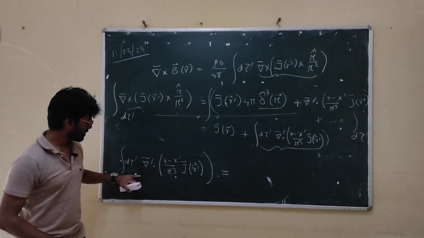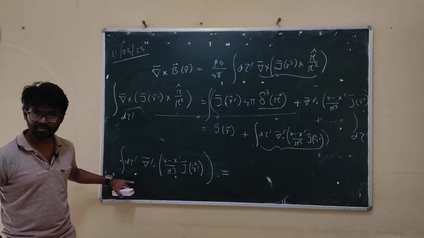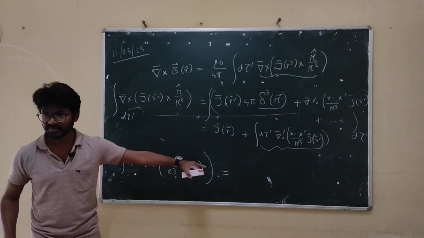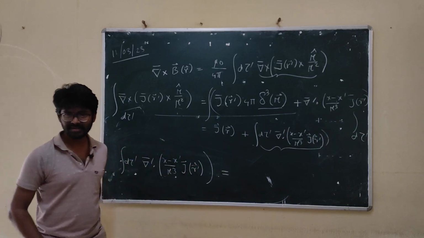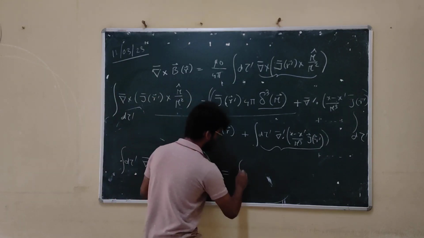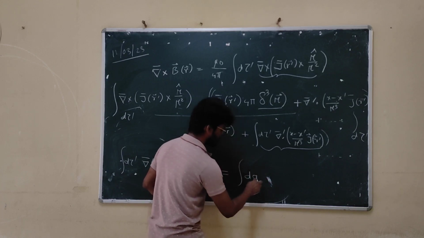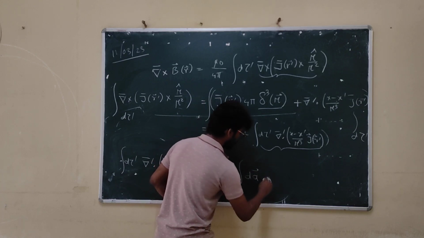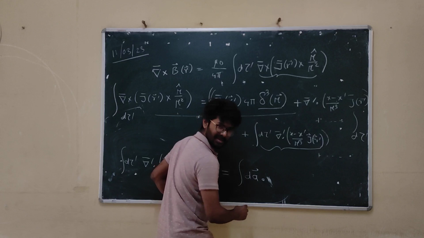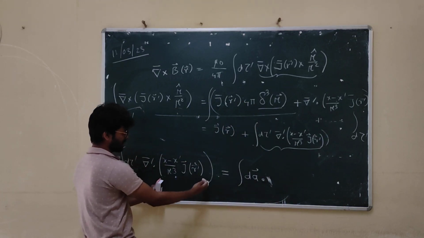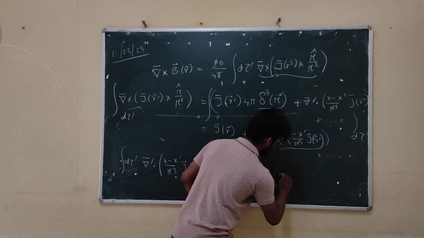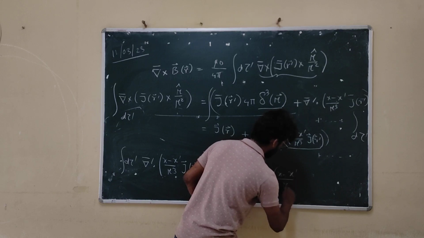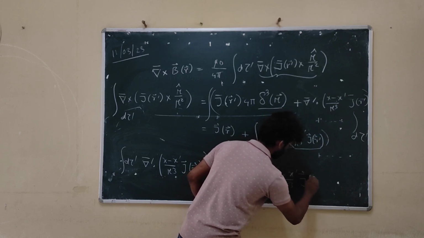And the divergence theorem converts a volume integral into a surface integral, right? So that becomes a surface integral dA dot this vector, (x minus x prime) over r cubed J of r prime.